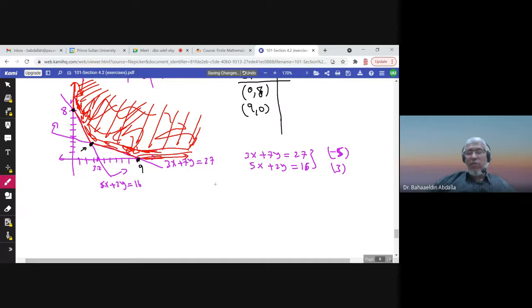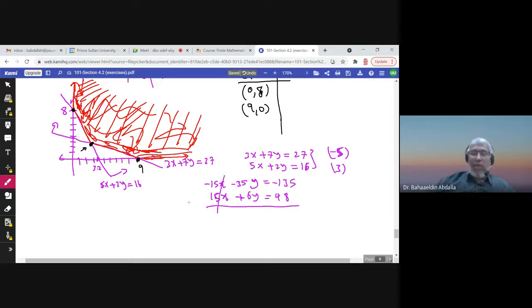So I will have negative 15x, negative 35y equals negative 5 times 27. So that's negative 135. And the other equation, 15x plus 6y equals 3 times 16, that's 48.